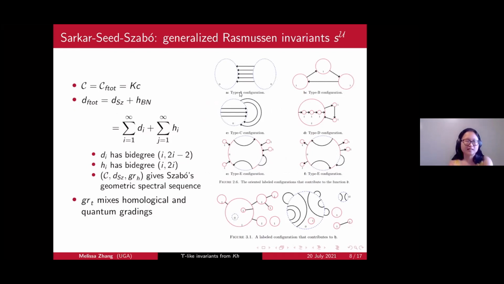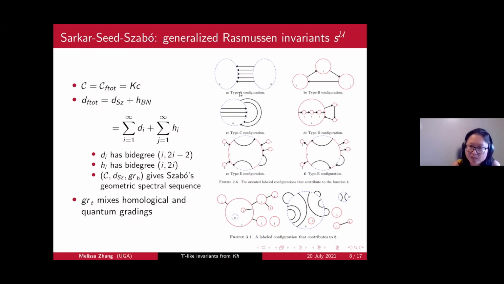The next one that I want to talk about is related to the fact that there are a lot of spectral sequences from quantum invariants. This is called Sarkar–Seed–Szabó's generalized Rasmussen invariant. To understand this, we first have to ignore this right-hand side because it's not as complicated as it looks. Just think about this again in the pattern that we've been thinking about today. You take the Khovanov chains just as usual, but you make a total differential, which they call F-tot, for filtered total.